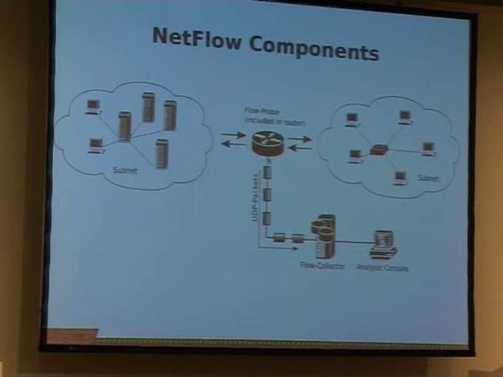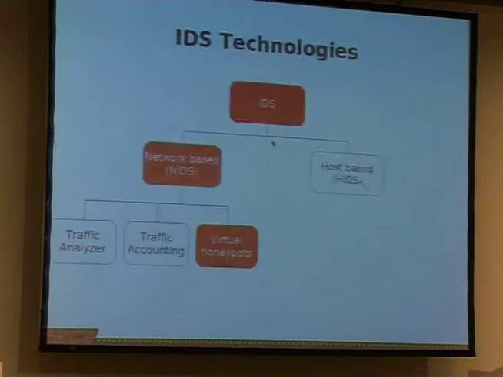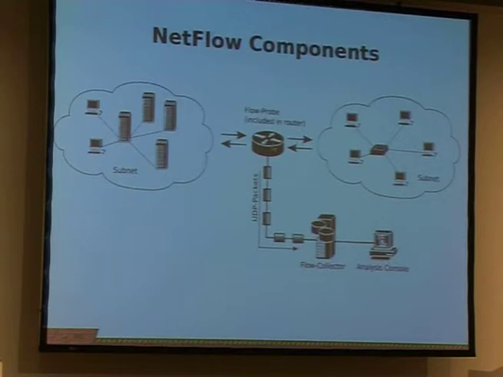The first one is the so-called flow probe, which is software that could be implemented in the firmware of a router or on a PC. This software counts every packet that passes the router, in this example, and exports this information to a so-called flow collector, which is the second part of the implementation.